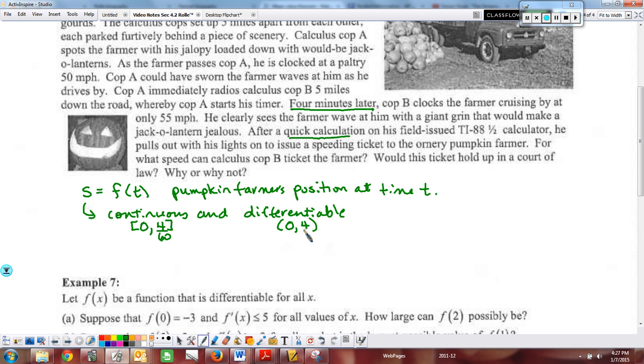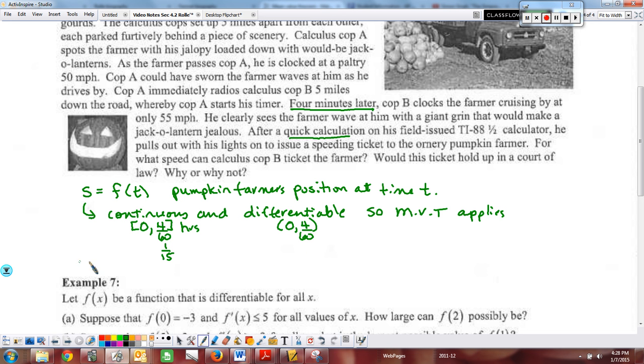So I might divide this by 60 so that I have my units in hours. So 0 to 4 divided by 60, 1/15 of an hour, and then 0 to 1/15 of an hour. Right? Because we're doing miles per hour. So it's continuous and differentiable, so the mean value theorem applies.